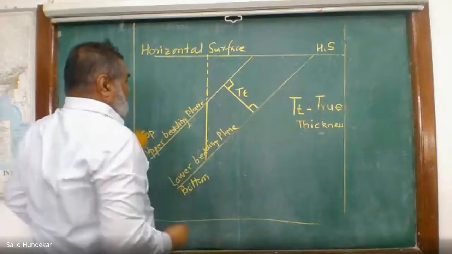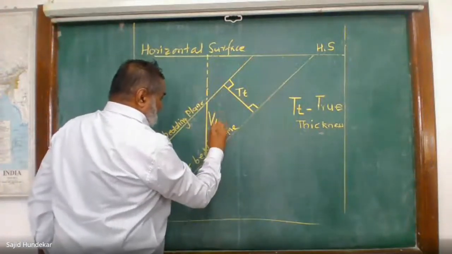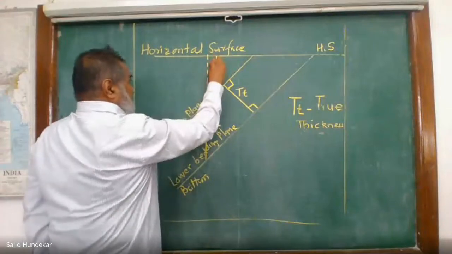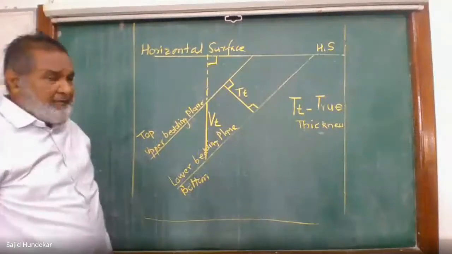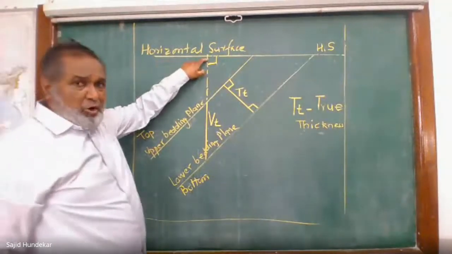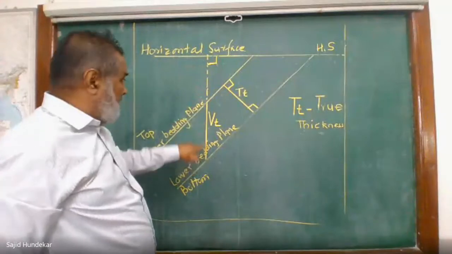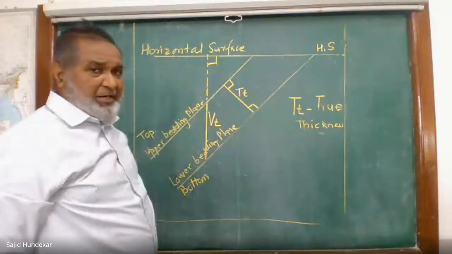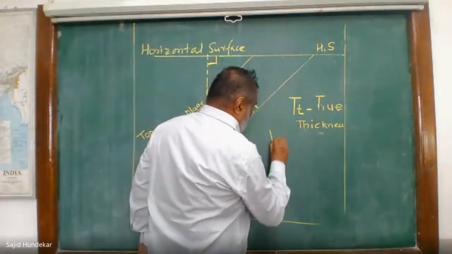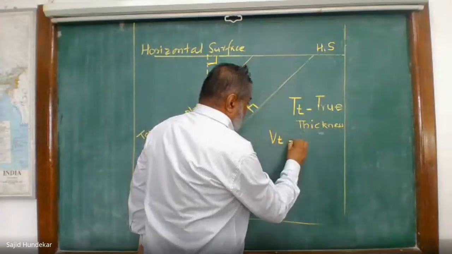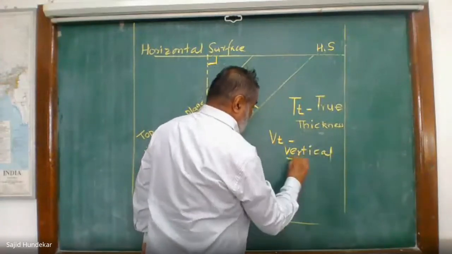This will be called the vertical thickness. We have taken a perpendicular to the horizontal surface, and on that line, if you measure the vertical distance from the top bedding plane to the bottom bedding plane, this will be called the vertical thickness. This will be your VT.